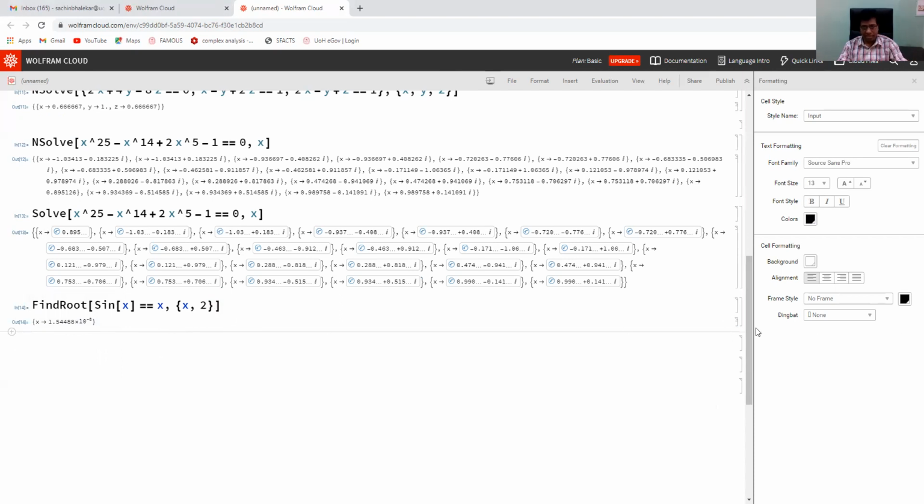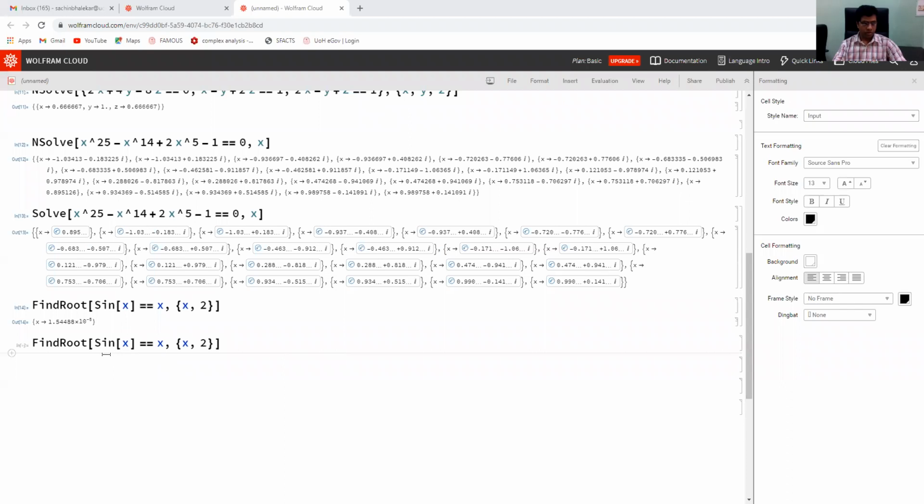Okay, let us see some other example. Let us consider another example. Sin x plus e raised to x. Okay, when there is some mistake, then it looks red.